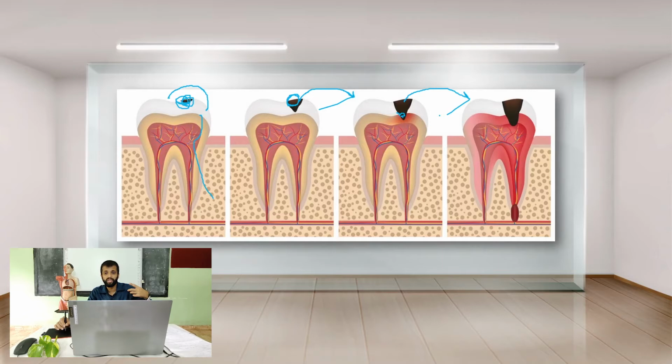Still you don't stop eating chocolates and you continue further. That is going to destroy more of your tooth, and finally to a point where it is unbearable, and then you go to a dentist, and the dentist says the tooth has to be pulled out. So this entire process is called tooth decay. It starts very initially without pain, but ends very painfully.